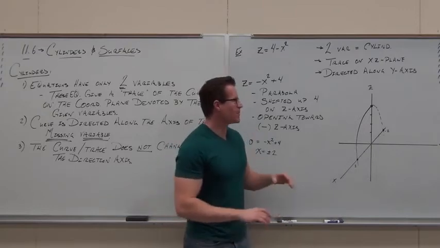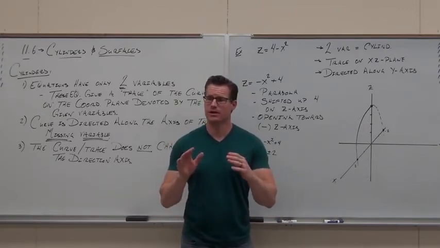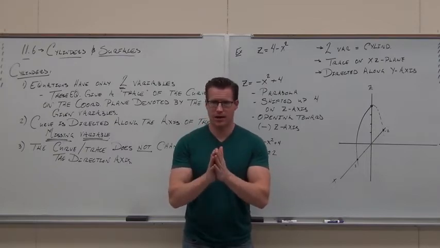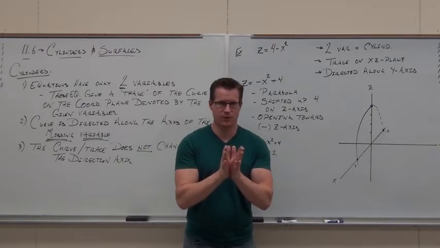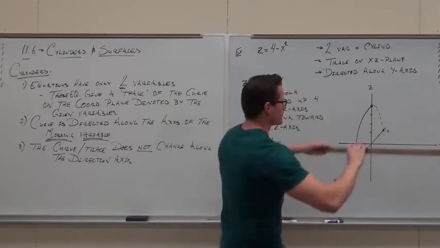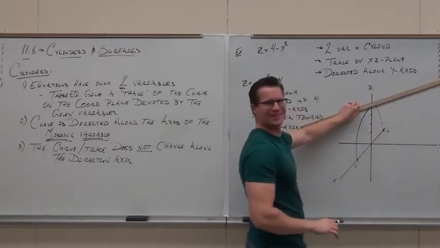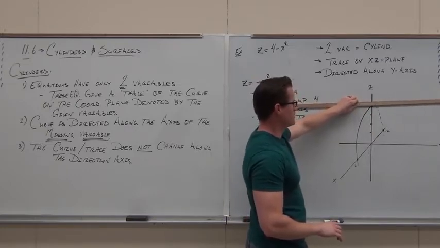Sorry. Whatever, I know this is horrible. Whatever axis it's directed along, draw lines parallel to that axis that go through the important points, like this. Yeah? Parallel? What axis? It's Y. Yeah. Pretty good.